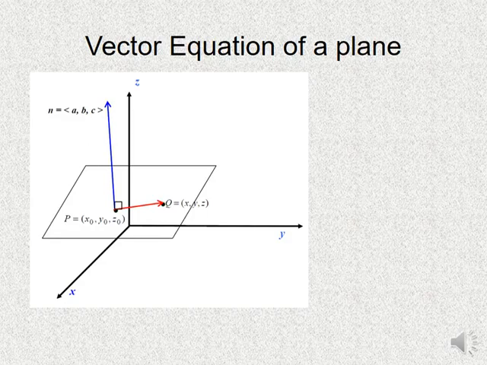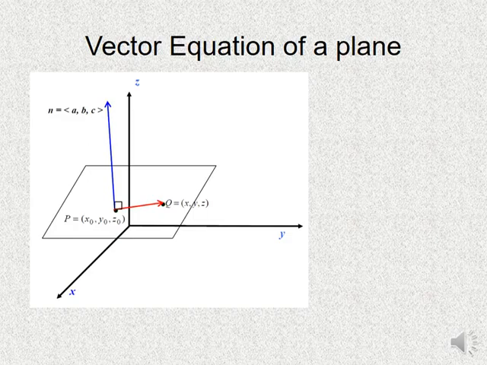First, we are going to consider a plane which has 2 points, x, y, z, that's Q, and x naught, y naught, z naught, that's point P, and a vector which is normal to the plane, that's a vector n with components a, b, c.